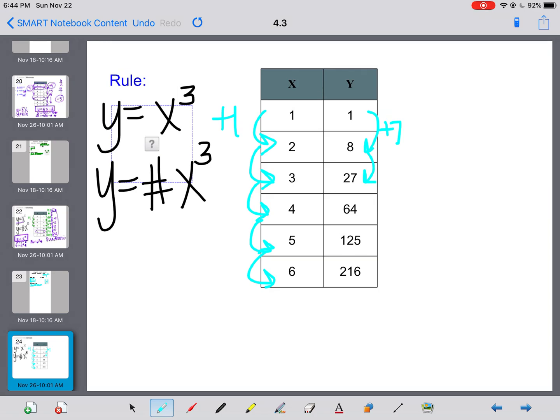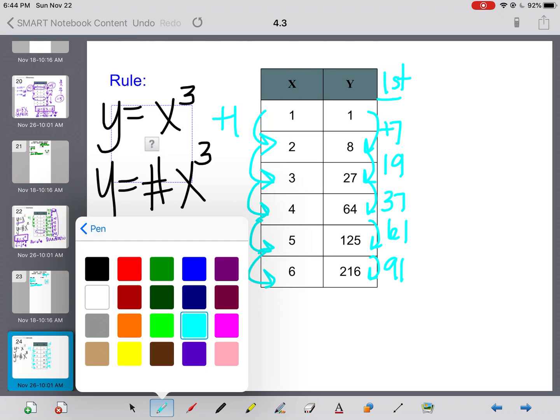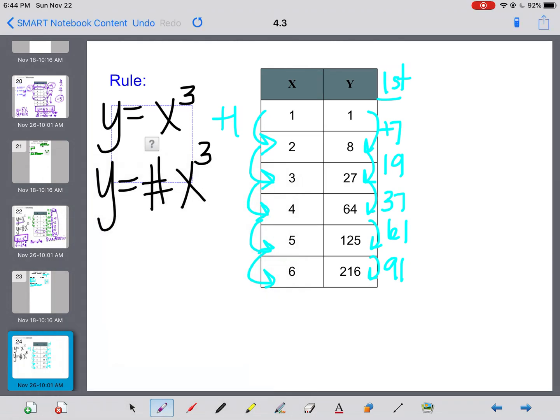Okay, let's try it out. Luckily they're being really nice to us, and all the x's are just adding 1. This time, to get from 1 to 8, I'm adding 7. 8 to 27 is 19. 27 to 64 is 37. 64 to 125 is 61. And 125 to 216 is 91.